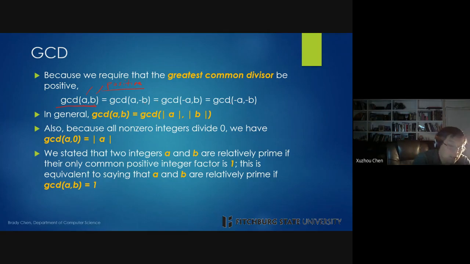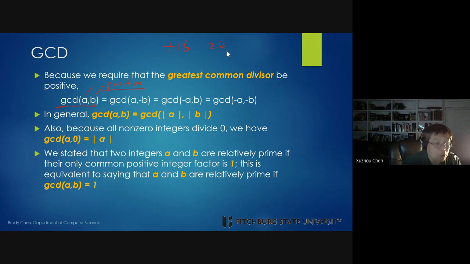So in that case, if we try to talk about the greatest common divisor between minus 16 and 24, to reduce the confusion, we just say, okay, forget about the minus sign. We just think about 16 and 24, because the greatest common divisor of 16 and 24 is the same as the greatest common divisor between minus 16 and 24.